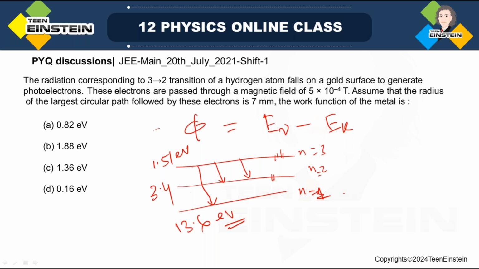Now we have to actually find out the radii of the circular path. Okay, so once I get the energy, say 2 to 3, sorry, 3 to 2, let us say 3 to 2, the energy will be 1.89 eV. You can just cross check this.